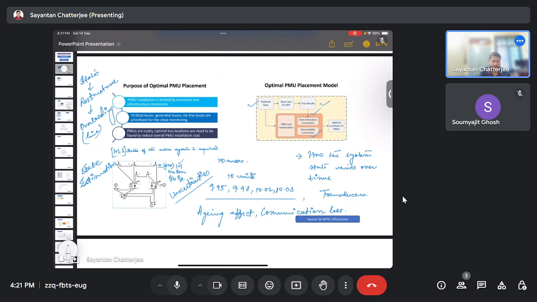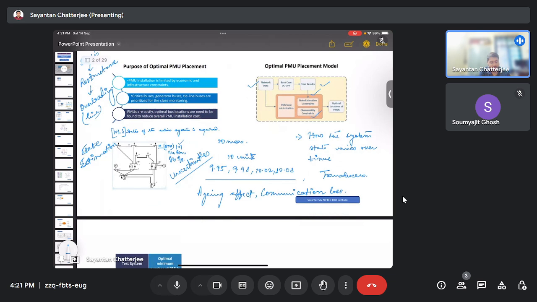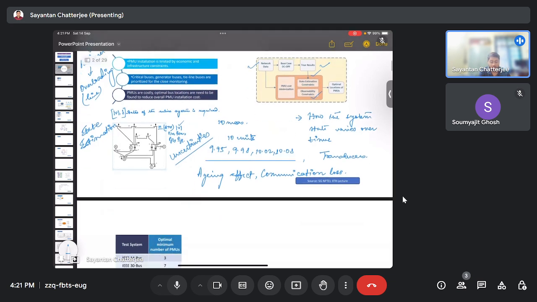The objective function is to reduce the cost of PMU installation. Using these, the optimal locations are found for the PMUs.